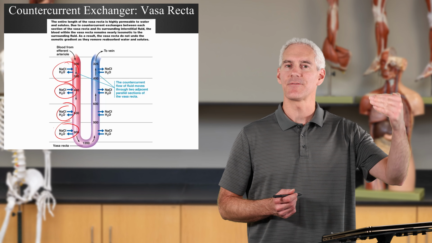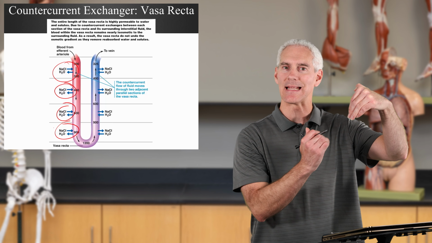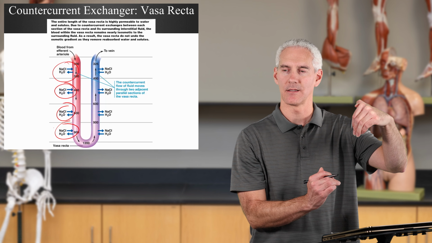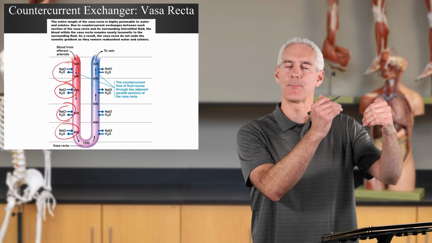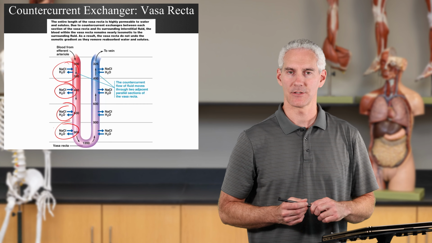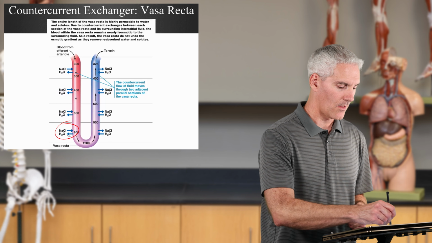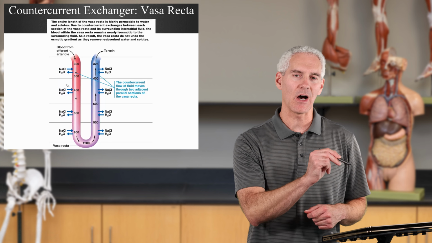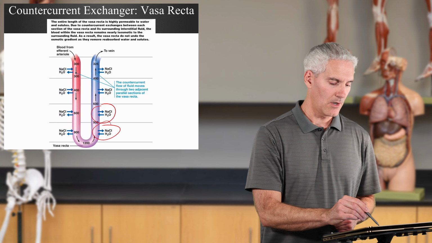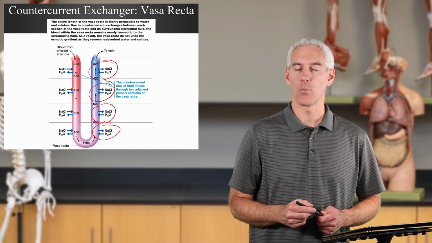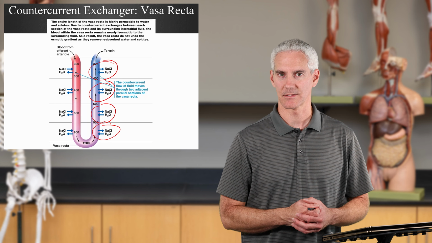That means as this vasa recta gets deeper and deeper in the medulla, because of all this salt it's picking up, it's creating a more concentrated solution in the blood. But then as it starts to move back up, heading back towards the cortex, notice it's now picking up water and dropping off some salt.